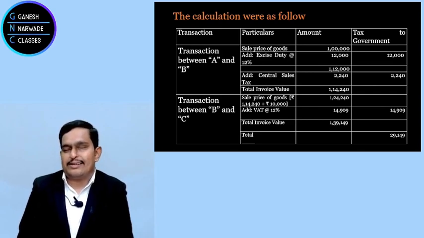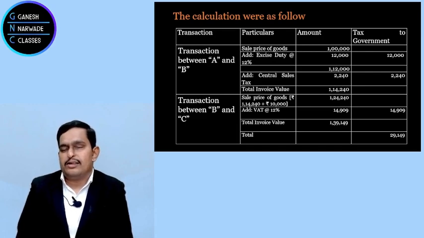So simply understand, 1 lakh rupees is the value. On that, excise duty, the first tax will be levied at 12%, 12,000. Then the total comes to 1 lakh 12,000. Then we will add CST 2%. So 1 lakh 12,000 into 2%, 2,240 comes. When we add the total amount, it comes to 1 lakh 14,240.